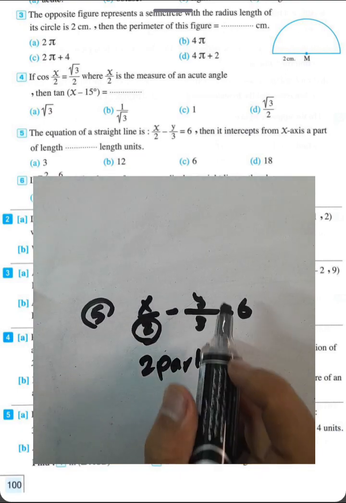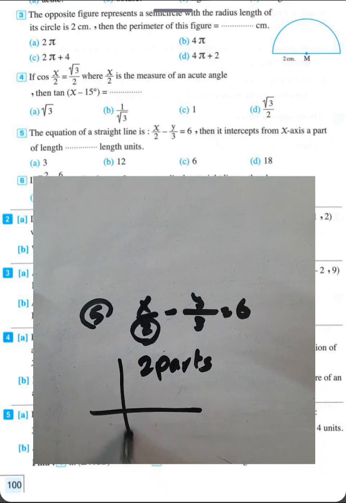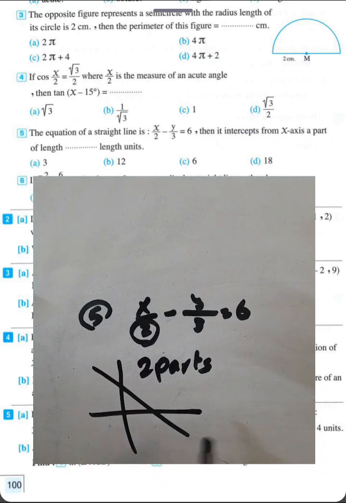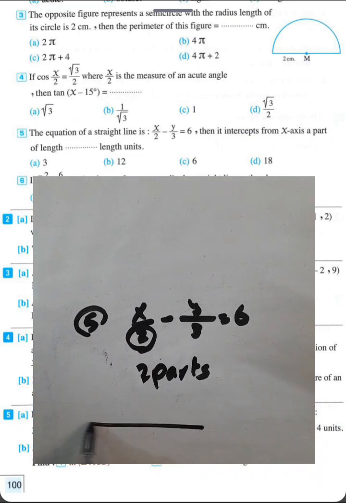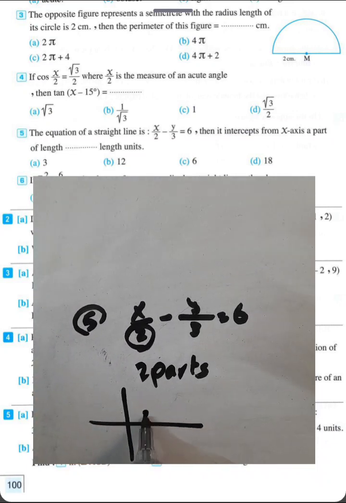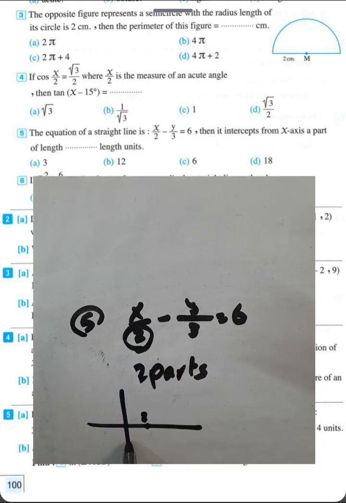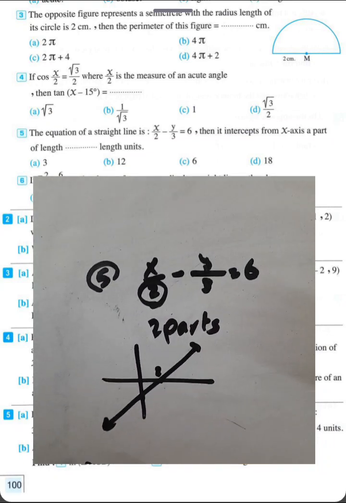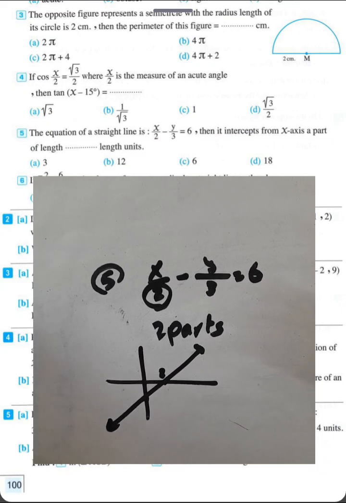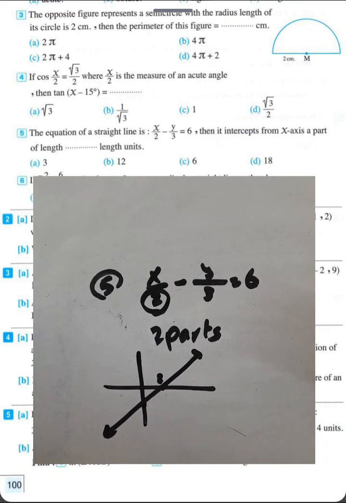And the intercept from the y-axis is 3 parts. If we draw this straight line, the slope will be positive, meaning it will be increasing. 2 parts from the x-axis and 3 parts from the y-axis here from the negative part. This is a straight line. Okay, since the result will be 2, but we have 6.